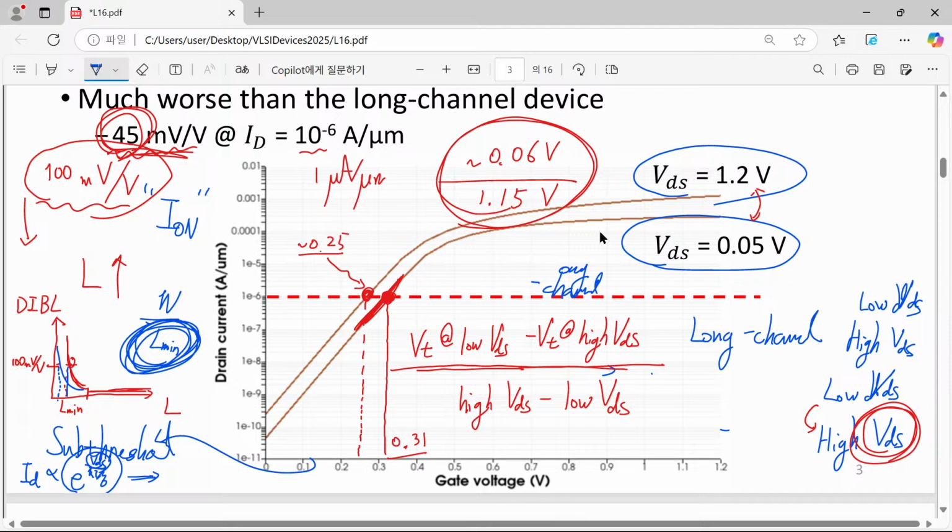However, when you try that job, eventually DIBL will stop this kind of scaling property. When we reduce further, DIBL is so high that you cannot use it any further. So then maybe you can ask me this question. Why do we have to be careful about DIBL?